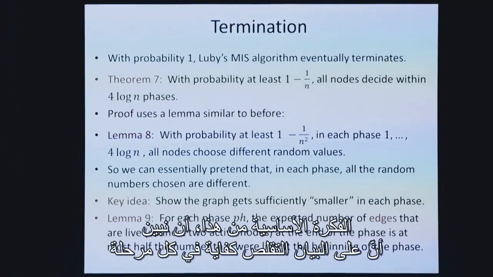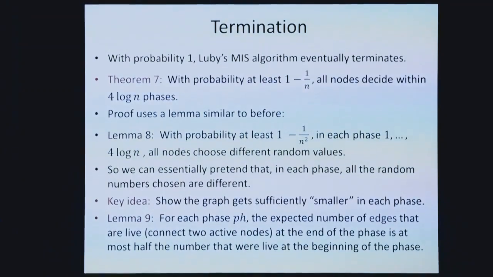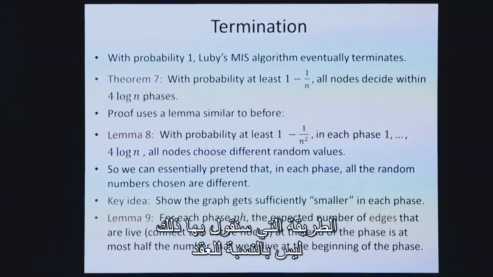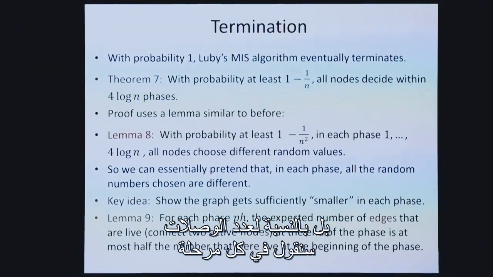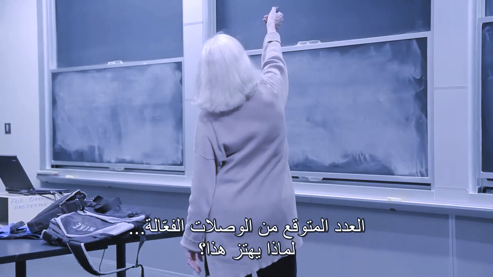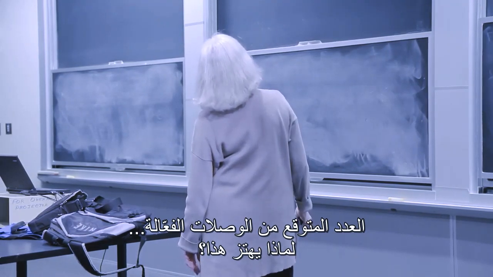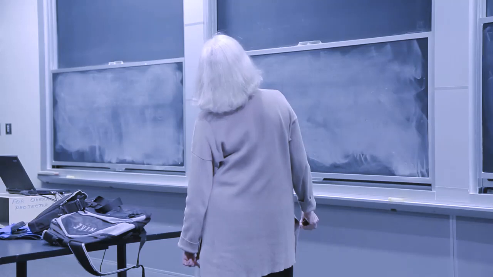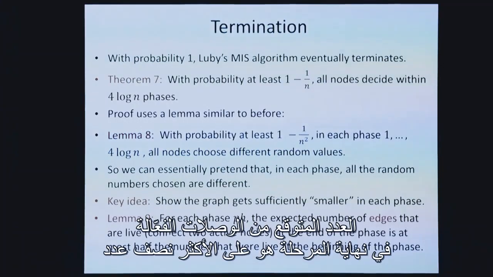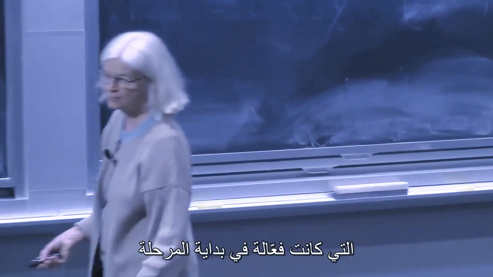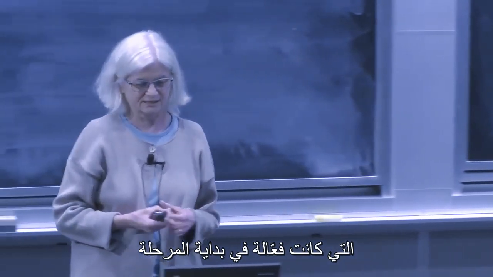Okay, so the key idea of this is to show that the graph has to shrink enough at each phase. So the way we're going to say that is not in terms of the nodes, but in terms of the number of edges. We're going to say at each phase, the expected number of edges that are live at the end of the phase is at most half the number that were live at the beginning of the phase.